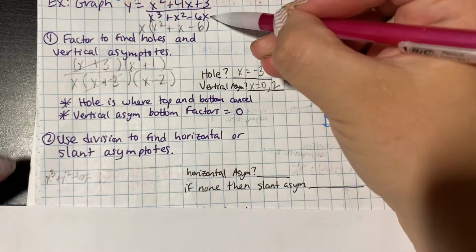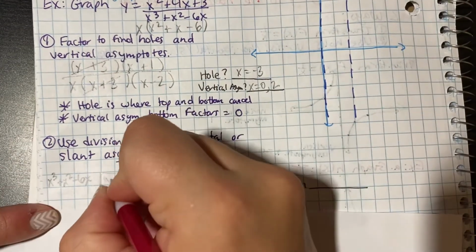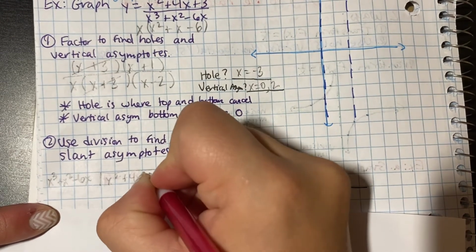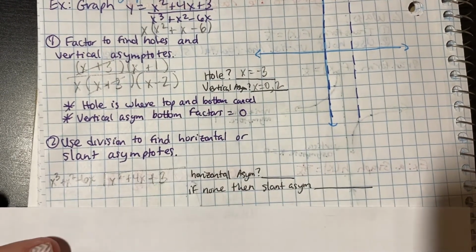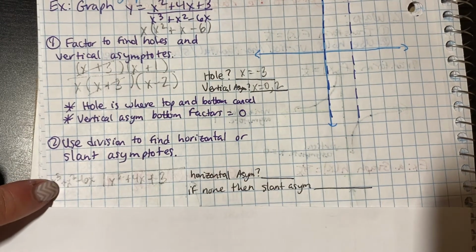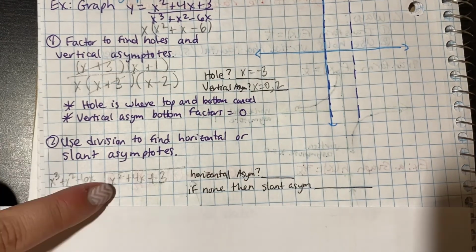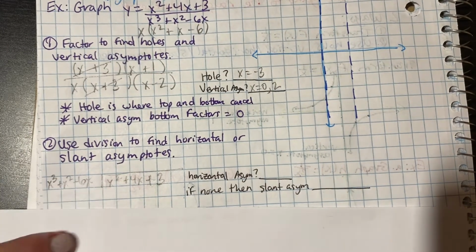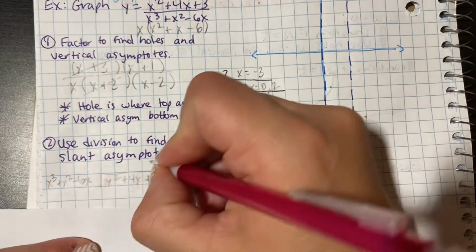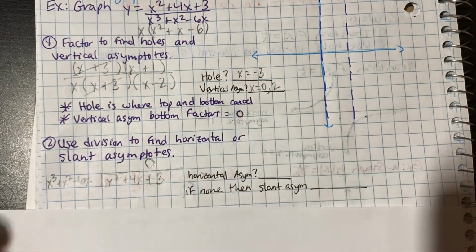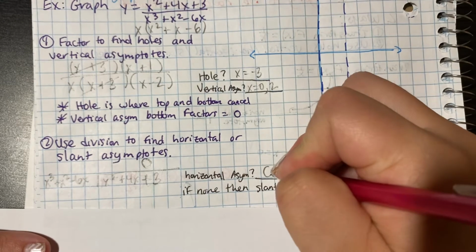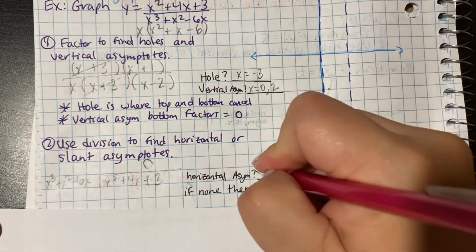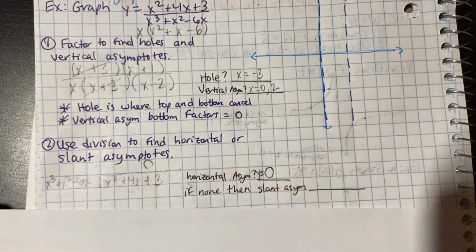Remember, the bottom number goes outside and the top number goes inside. Can that x cubed go into our x squared? No, it cannot. So we have 0, and our horizontal asymptote is y equals 0.